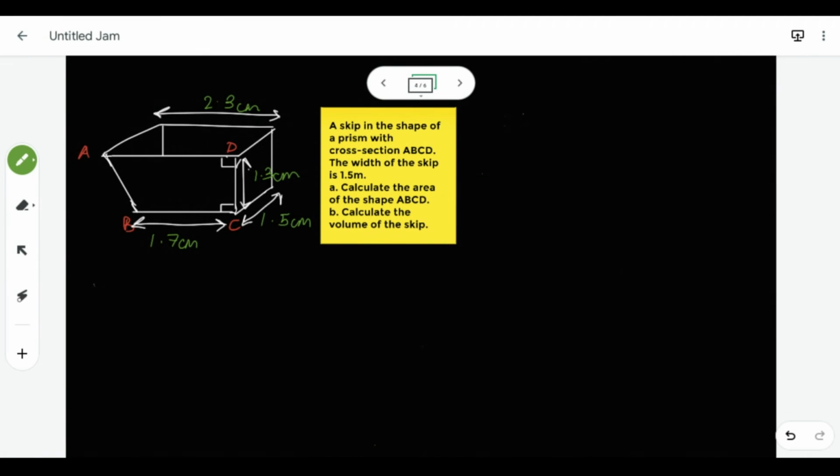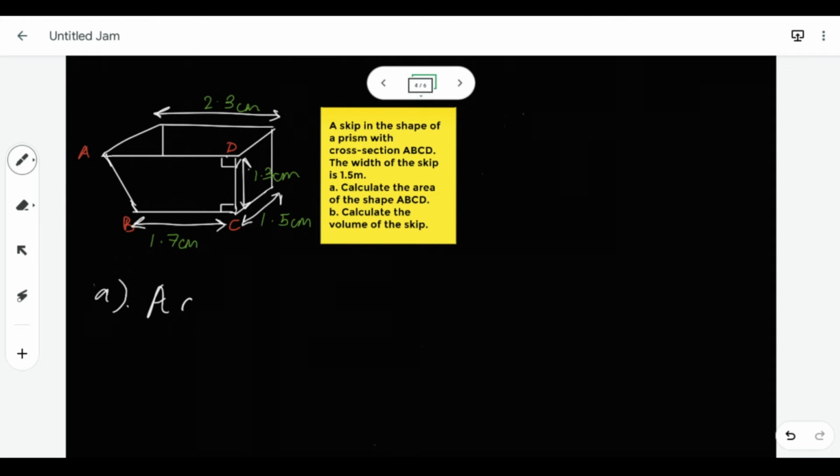Now, the following question asks you to calculate the area of the shape and then calculate the volume of the prism. As you can see, the cross-sectional area is in the form of a trapezium. And to calculate the area of a trapezium, you use the following formula.